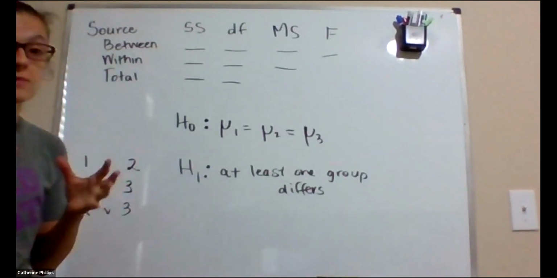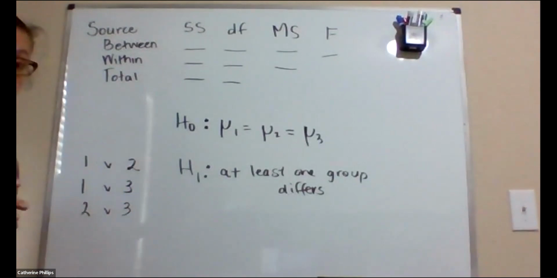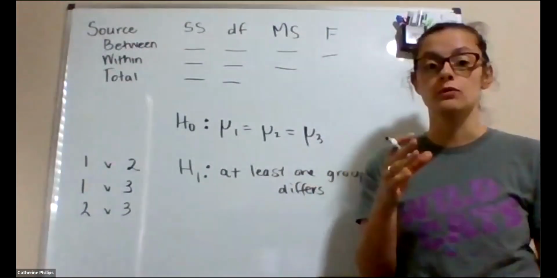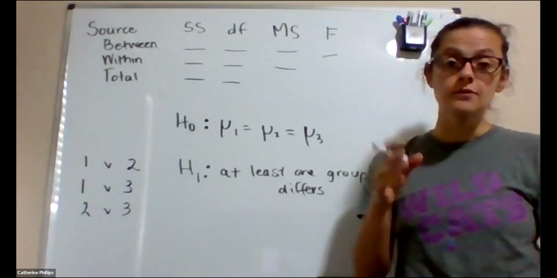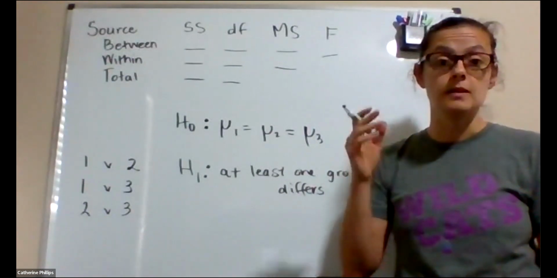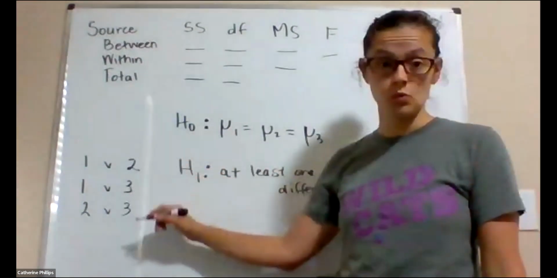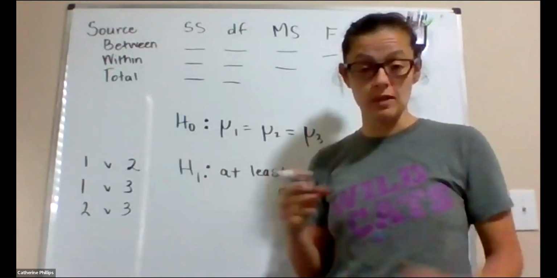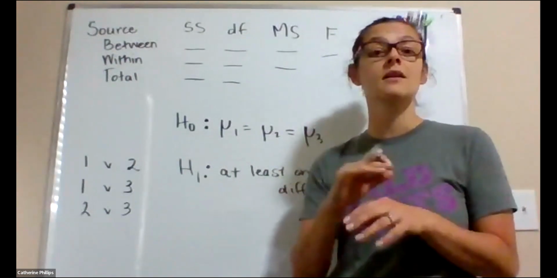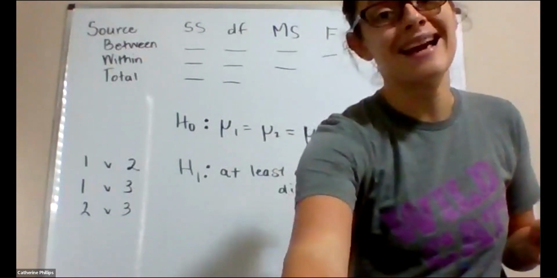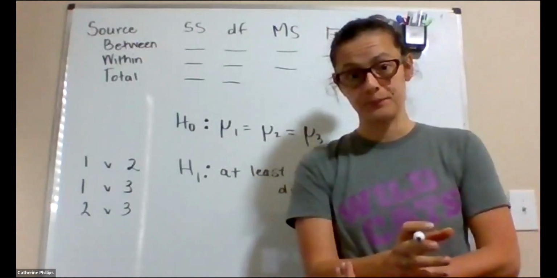Doing that keeps the experiment-wise alpha level at whatever we set it at, in this case 0.05. If we reject the null hypothesis and accept the alternate, we aren't going to know which of these comparisons is significant. They could all be significant. What the Anova tells us is at least one of them is significant.